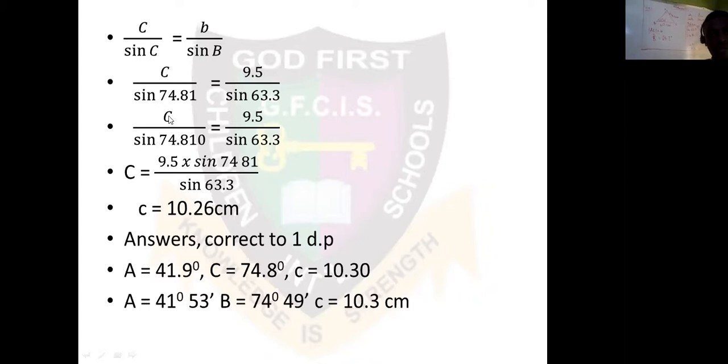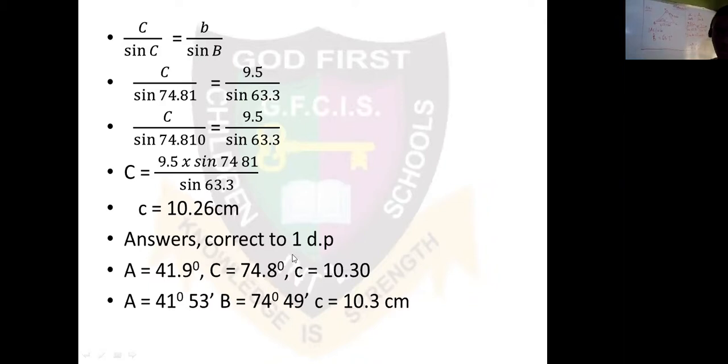This is a typographical error. It's supposed to be small letter c. So you do it directly, don't get arc sine, and you get your side. So when you get that side, you've gotten 1 angle, 2 angle, 3 angle, and you can get the other side.